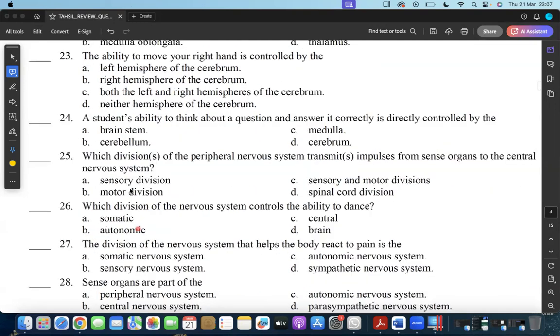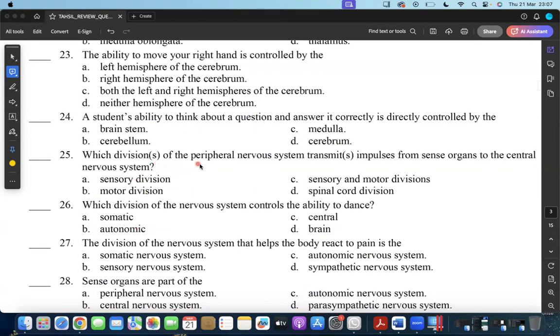The next question says, which divisions of the peripheral nervous system? The peripheral nervous system is the second part of the nervous system. As I've told you before, the nervous system is divided into the central and the peripheral.